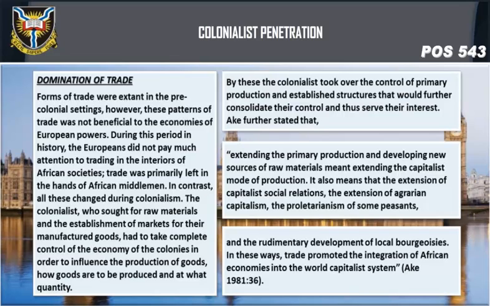It also means the extension of capitalist social relations, the extension of agrarian capitalism, the proletarianization of some peasants, and the rudimentary development of local bourgeoisies. In this way, trade promoted the integration of African economies into the world capitalist system (Ake, 1981, 36).